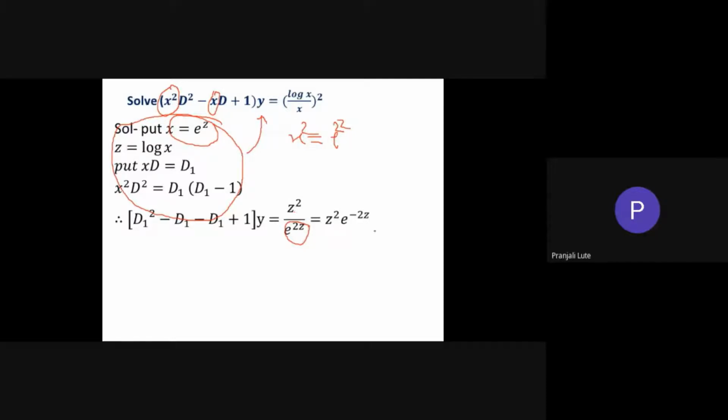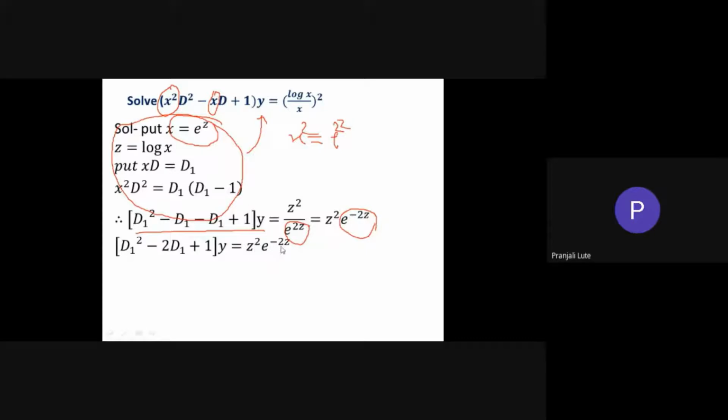So this equation can be written as D1 square minus 2D1 plus 1, y equal to z square e to the power minus 2z. So the right hand side is z square into e to the power minus 2z.